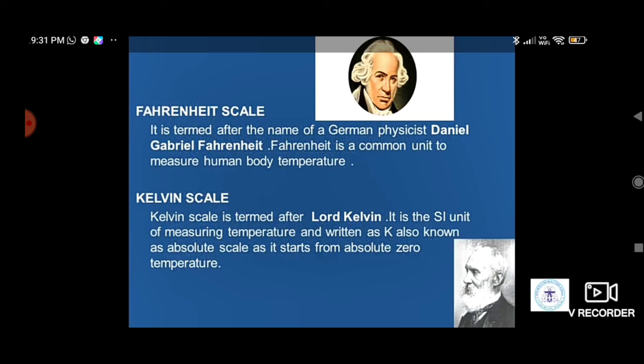Then the Kelvin scale. The Kelvin scale is named after Lord Kelvin. It is the SI unit of measuring temperature and is written as K. It is also known as the absolute scale, as it starts from absolute zero temperature.